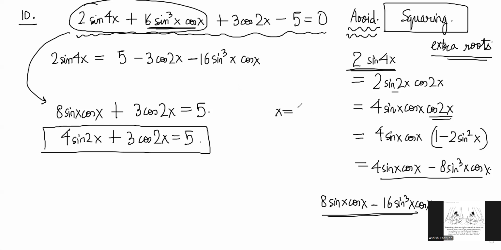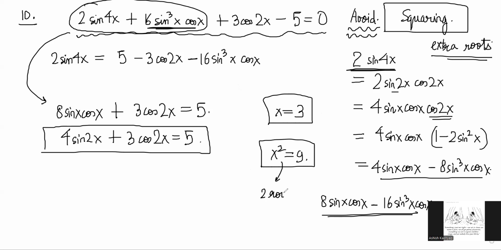Basically, x equal to 3 and x² equal to 9: the first is a simple equation with one root, and this has two roots. Can you see that? Yes, sir. These two equations are not equivalent, right? We want to avoid the situation where we are either bringing in extra roots or losing out on some roots. So squaring is putting extra roots.